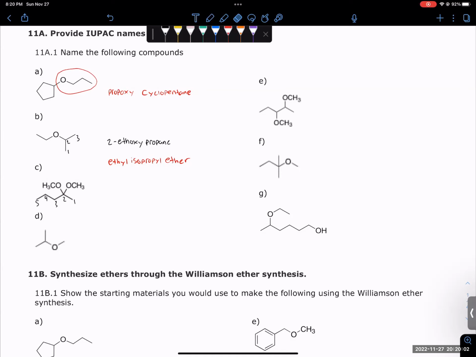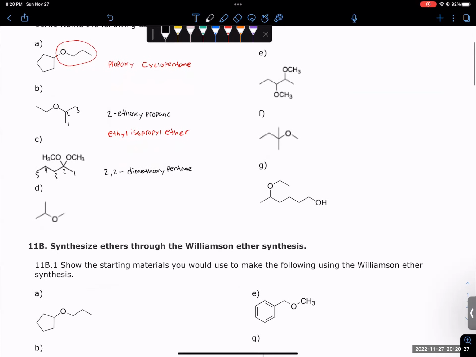There are 2 methoxy substituents, so 2, 2. And remember, if there's 2 of the same substituent, you have to use di. So dimethoxy, and then our parent chain, which was pentane. So dimethoxy pentane. All right.